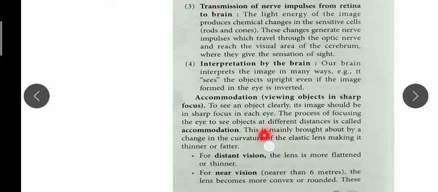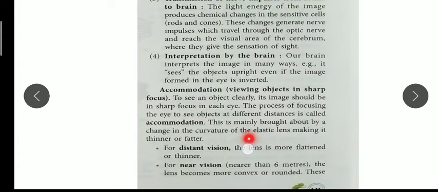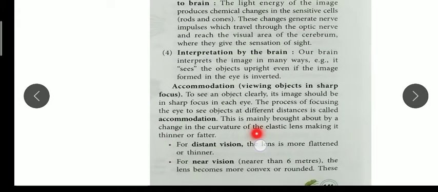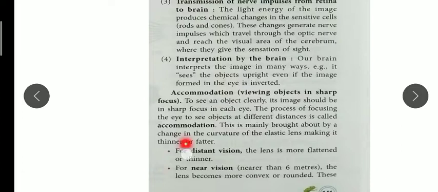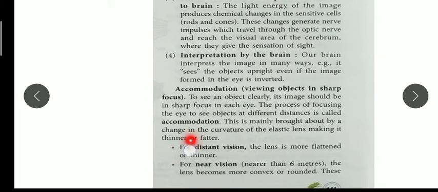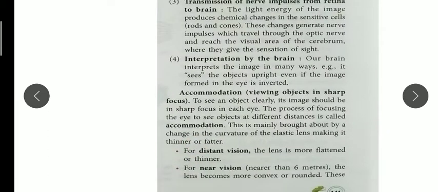Now it is mainly brought about by the change in the curvature. Our lens brings the change in the curvature, making it thinner and fatter. They can be broad, they can be thin.